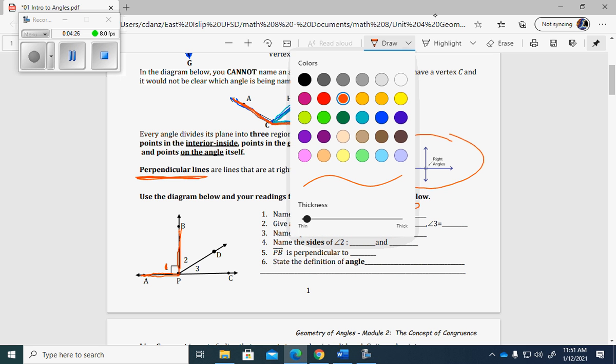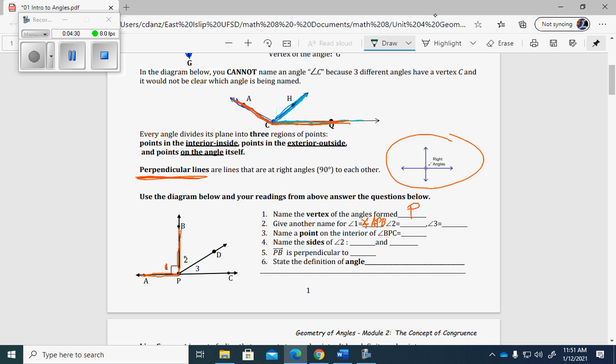I'll use a different color. In green, angle 2, you could see 2 is here in the interior of this thing that I just outlined. So when we name it with a number, remember that number gets written in the interior of the angle. So angle 2 could be called angle BPD.